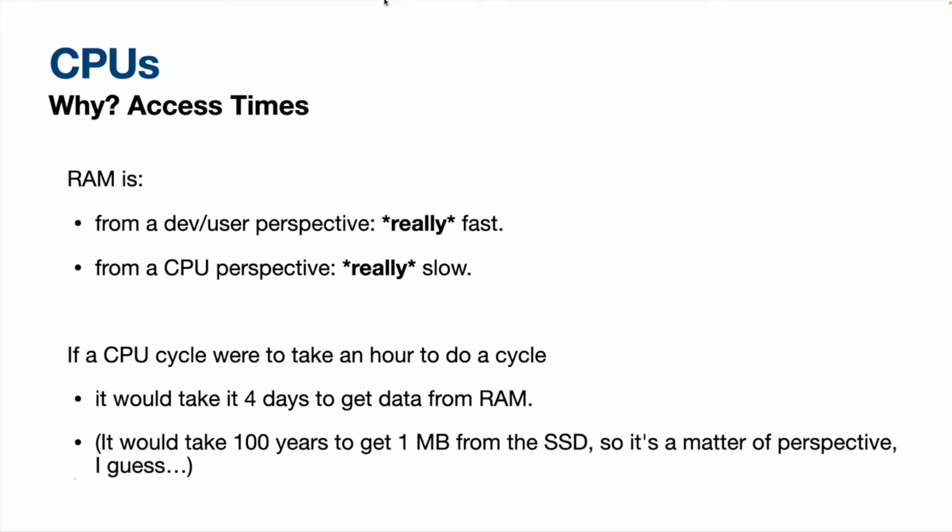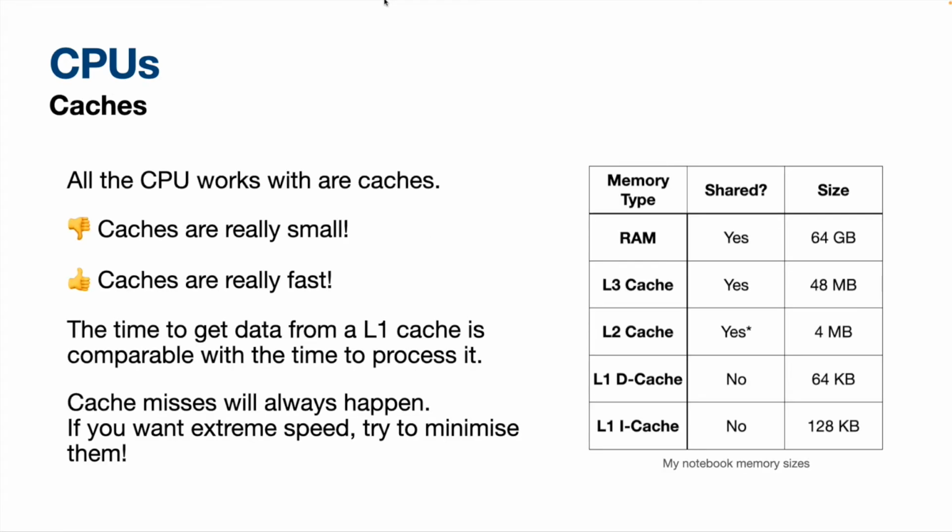when looking at RAM, humans and CPUs compare it to two different things. The human compares it to disk access, and it's blazingly fast in that case. On the contrary, CPUs compare it with the cache. Now, our computers usually have the very same kind of memory organization.